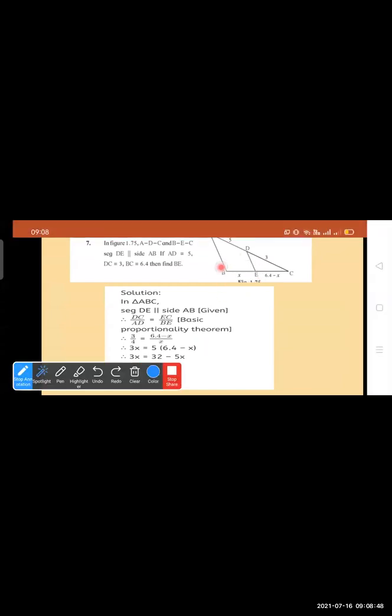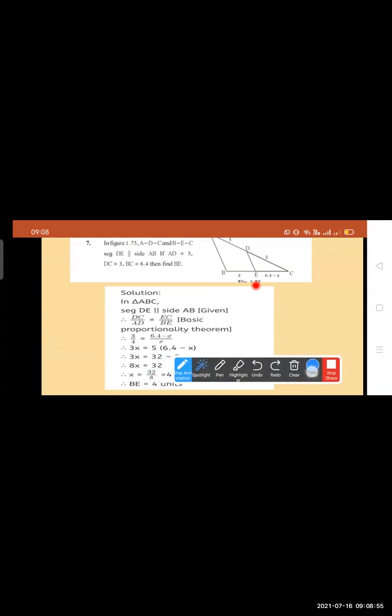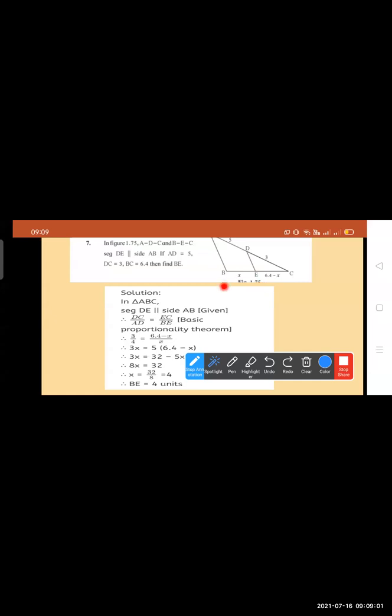Here we consider BE equal to X. Here BC is 6.4, so EC is equal to 6.4 minus X. Since DE is parallel to AB, we apply BPT here. We write DC by AD is equal to EC by BE.